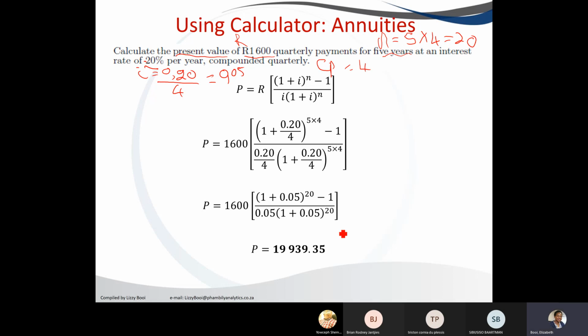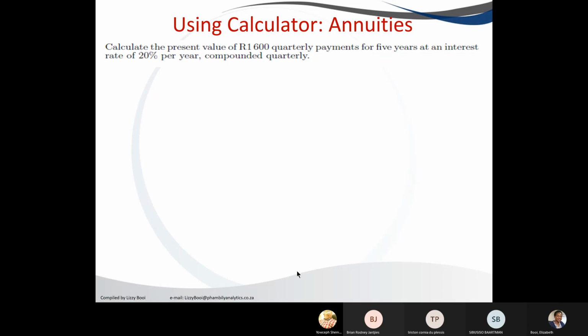If you have a Sharp financial calculator, then you can follow these steps. Also, you need to identify what you are given. We are given 1,600, which is our PMT.